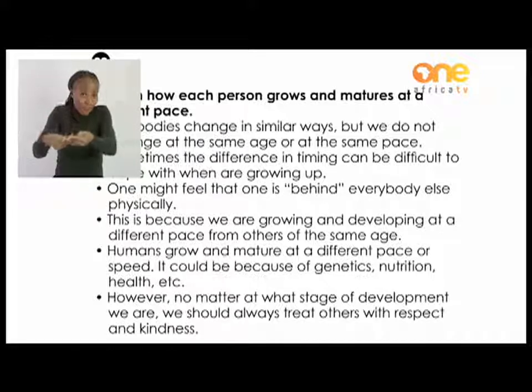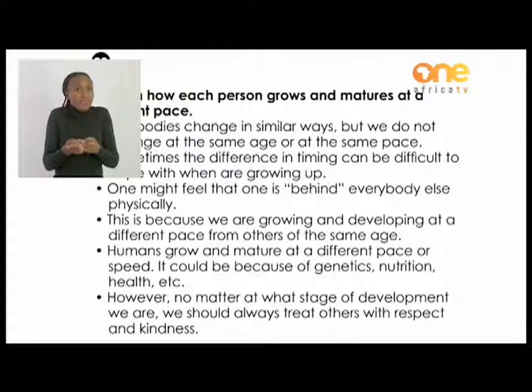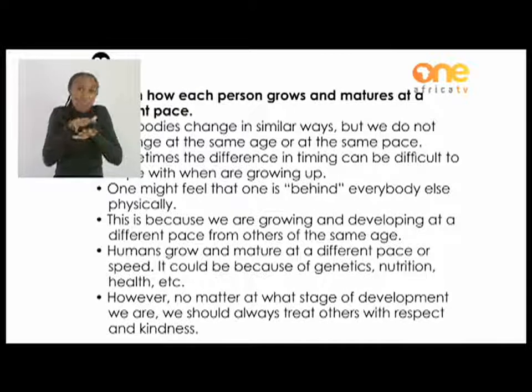It can be nutrition, because of what we eat. We don't eat the same thing every day, or different houses have different meals. It can also be because of health. Some people might have different diseases that can prevent them from growing fast, which is maybe making them grow very slowly.